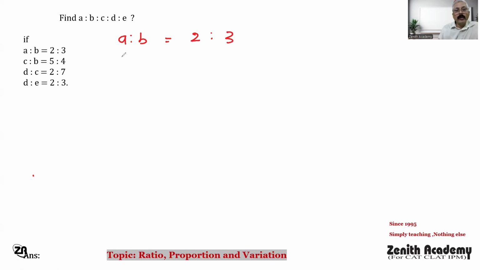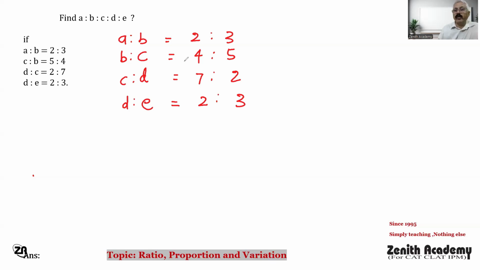Here it is C is to B, so make it B is to C, so this is 4 is to 5. D is to C, so it is C is to D, 7 is to 2. And D is to E is 2 is to 3.